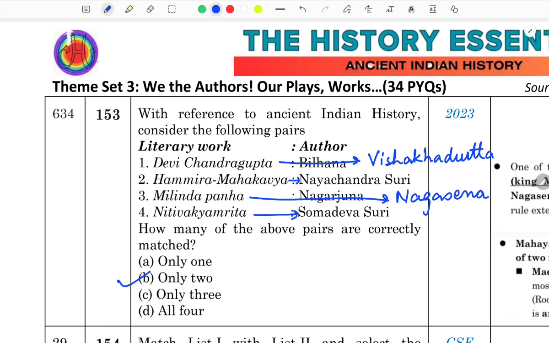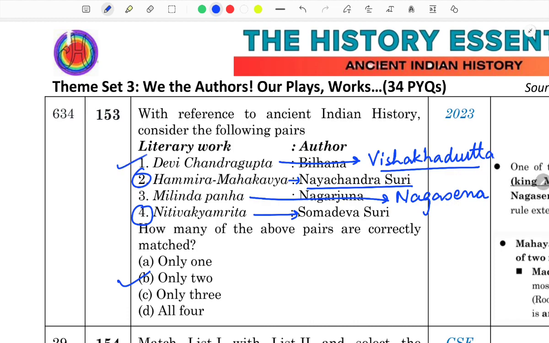Devi Chandragupta, no, it's not by Bilhana, but it is by Vishakadatta. Hamir Mahakavya, Nayan Chandra Suri. Milindapanho, Nagasena. Niti Vakya Mitra, Somadeva Suri. Let me tell you, Hamir Mahakavya and Niti Vakya Mitra were both not mentioned in your notes, nor are they in your Upinder Singh, in the entire book.